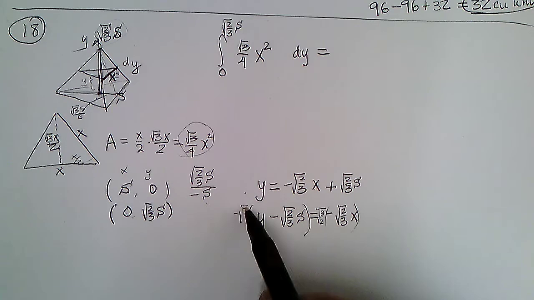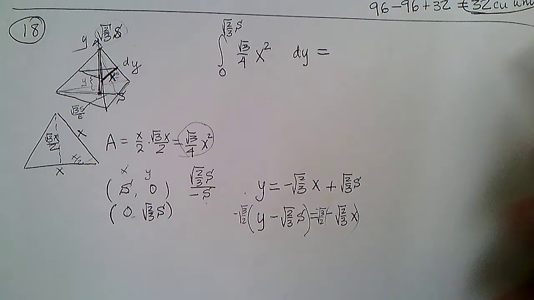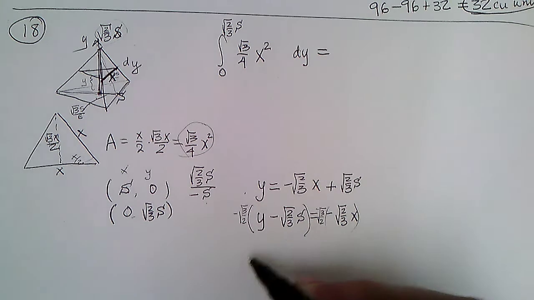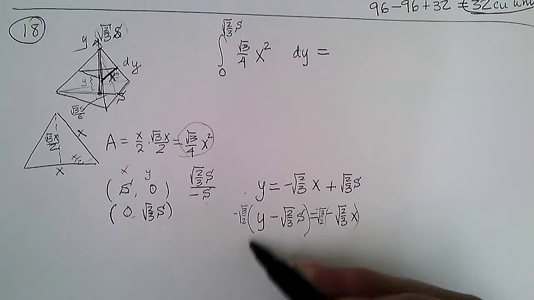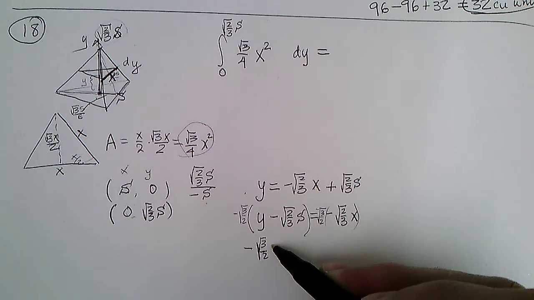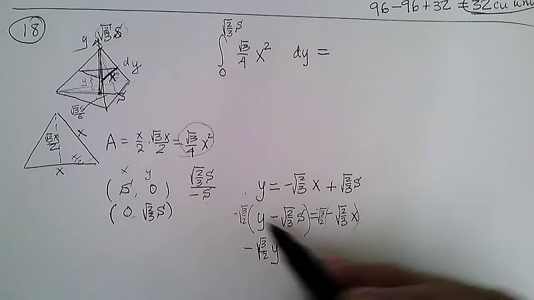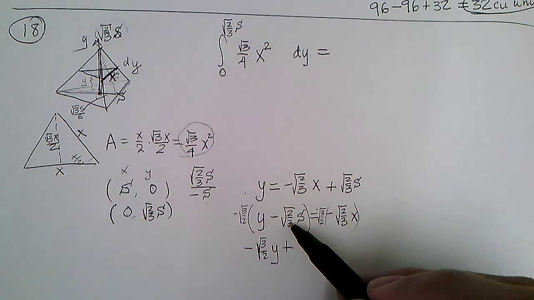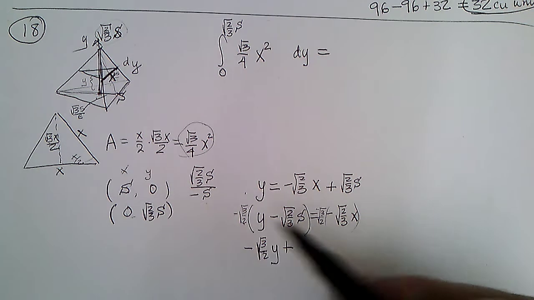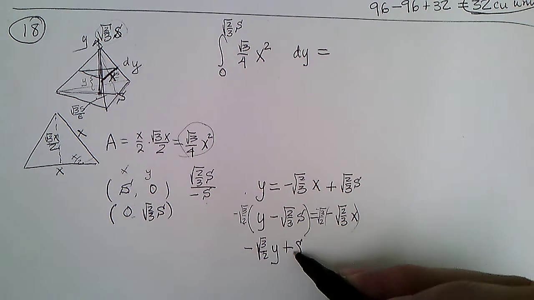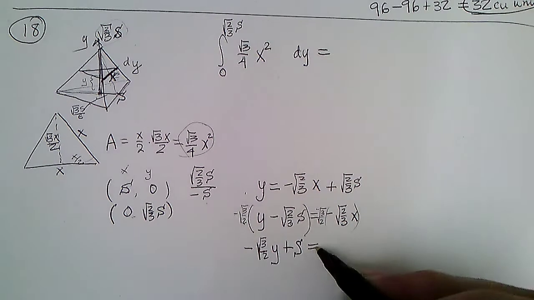Negative square root of 3 over 2. So I'm going to get negative square root of 3 over 2y, and a minus will be plus, and square root of 3 over square root of 3 cancels, square root of 2 over square root of 2 cancels, plus s is what x is equal to.